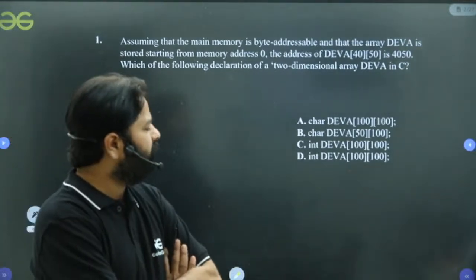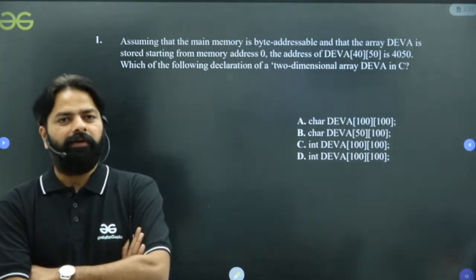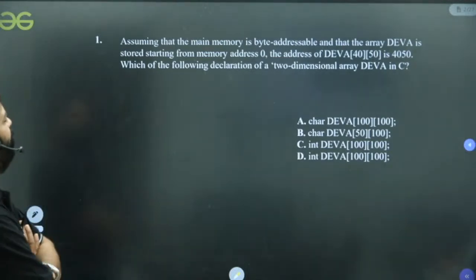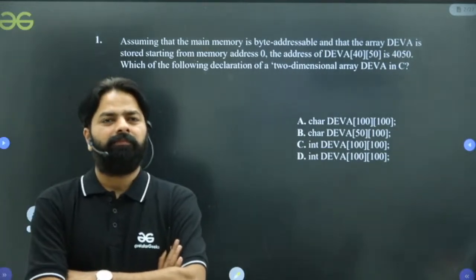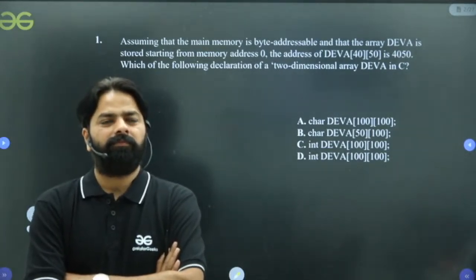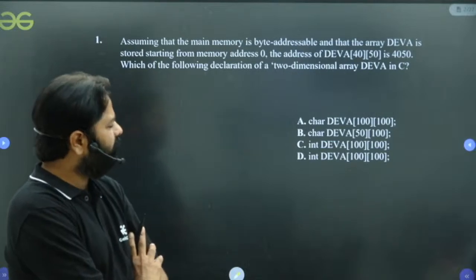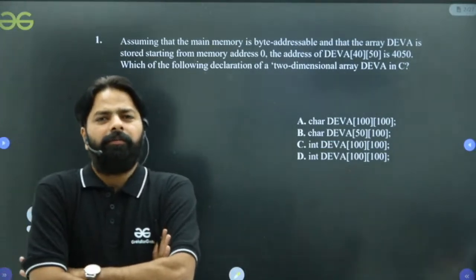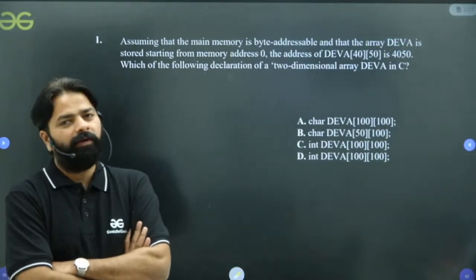Assume that this is a GATE question. How do you interpret it? Any question is all modified data, but somewhere you find a connection to GATE. None of these 25 questions appeared in any exam, and they look fresh, but the data is copied from GATE and others and framed in my way.